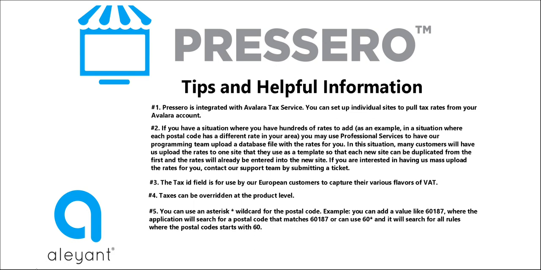In this situation, many customers will have us upload the rates to one site that they use as a template so that each new site can be duplicated from the first and the rates will already be entered into the new site. If you are interested in having us mass upload the rates for you, please contact our support team by submitting a ticket for it.